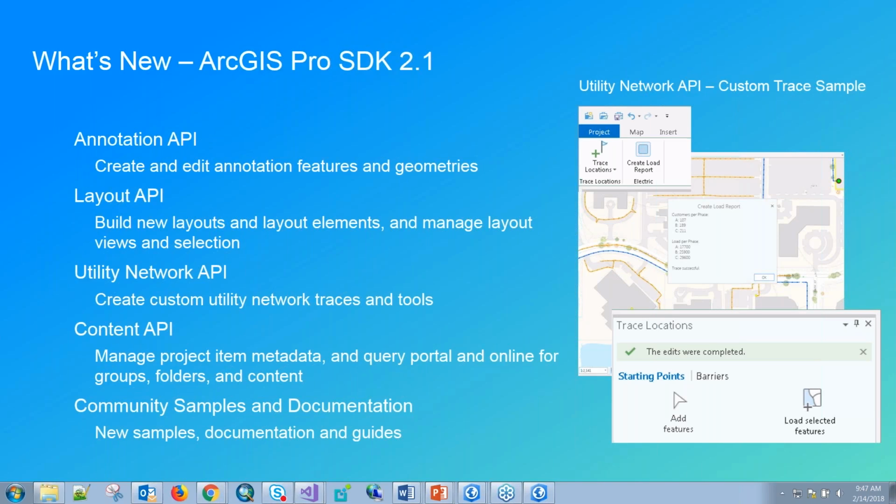The API is extensive, and it provides fine-grained access to the utility network to create custom utility network traces and tools. And finally, the Content API now provides a straightforward way to access and update project item metadata, as well as the ability to query Portal and ArcGIS Online for groups, folders, and content.